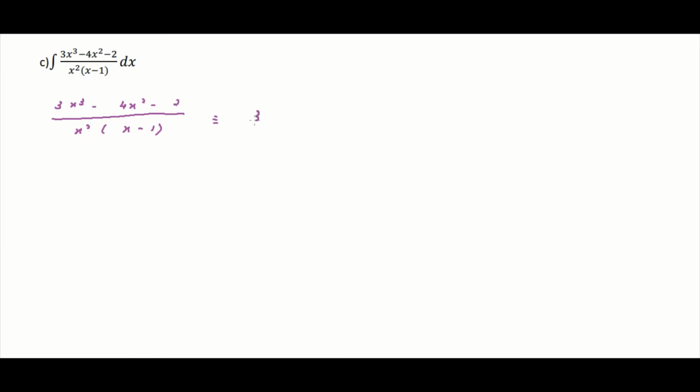It will be a 3. Okay, then after that, you don't need to care about it anymore. So you can just continue plus a over x, okay, and plus b over x squared, and plus c over x minus 1. Okay, then from there, you can continue with whatever you need to do.